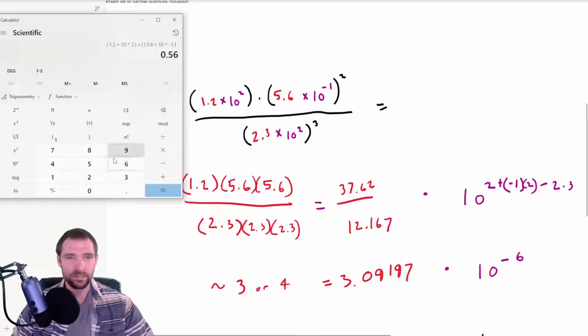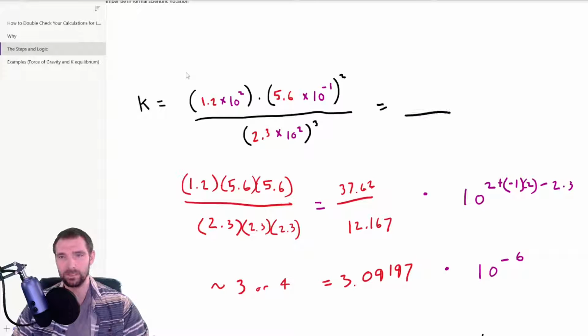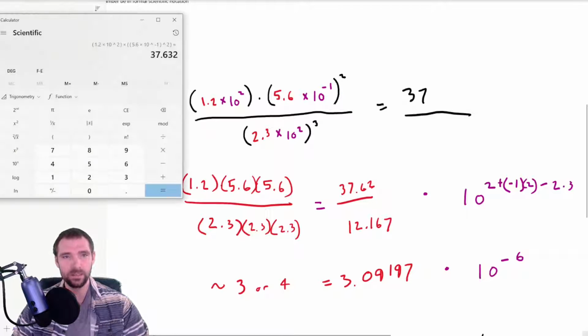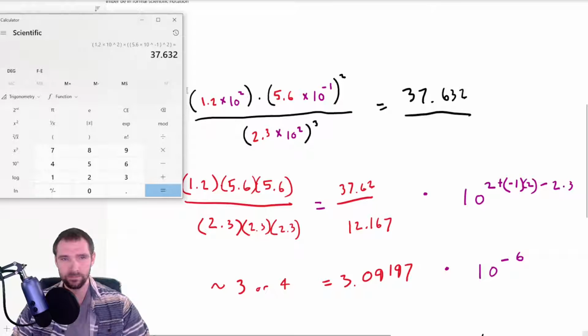And then that is being raised up to the second power. So that's the top right there. Yep. So if I actually calculate that top part, that's that 37 that we calculated earlier, 37.632.